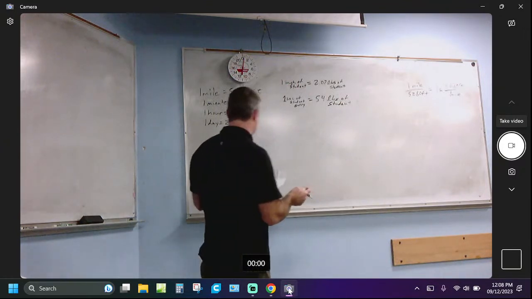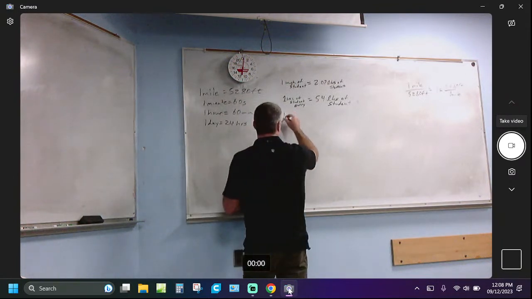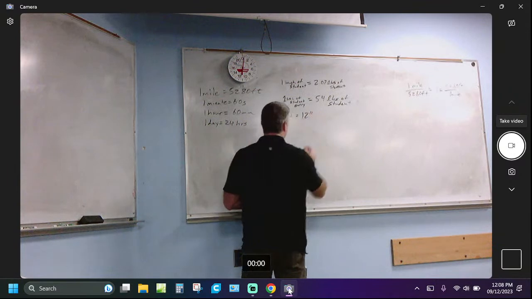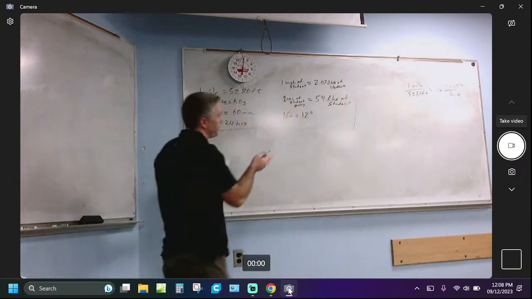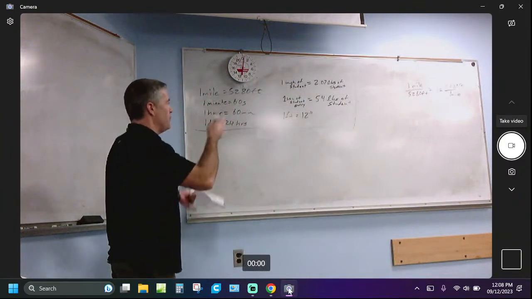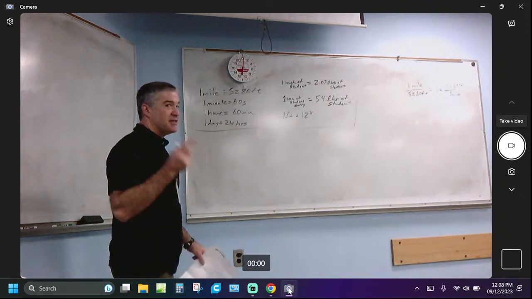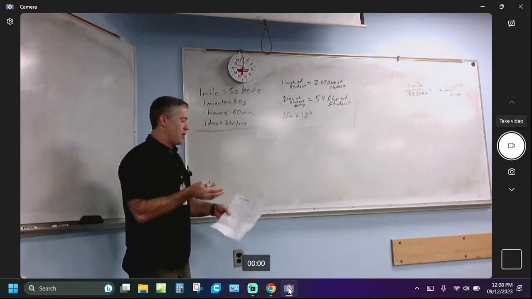The only other thing that I needed on here was, 1 mile is 5,280 feet, and 1 foot is how many inches? 12 inches. Now, those are all the things I'm starting with, and those are all the things I'm going to turn into fractions and put one of them on the top and one on the bottom and multiply them together. Deciding where to go in the beginning for this kind of problem, that's really the hardest part.